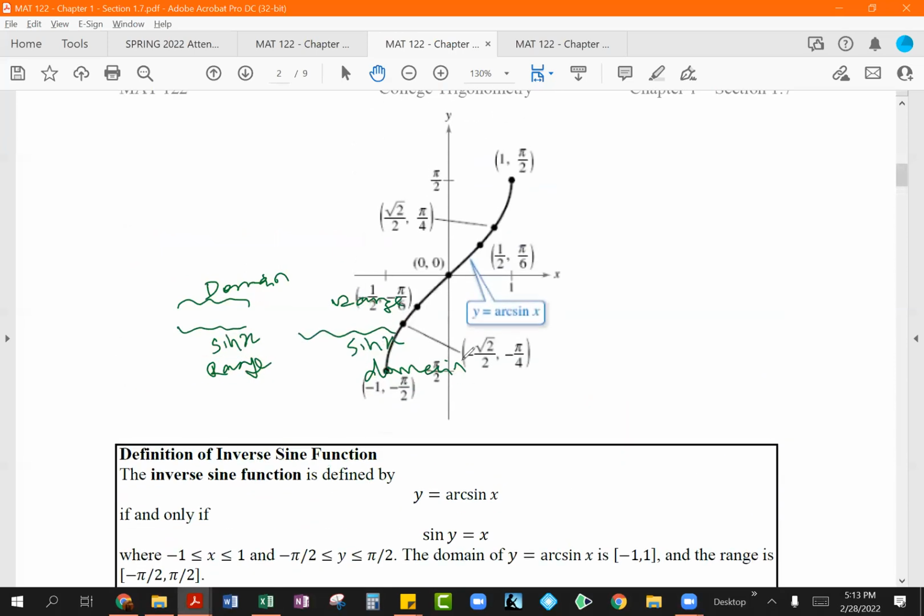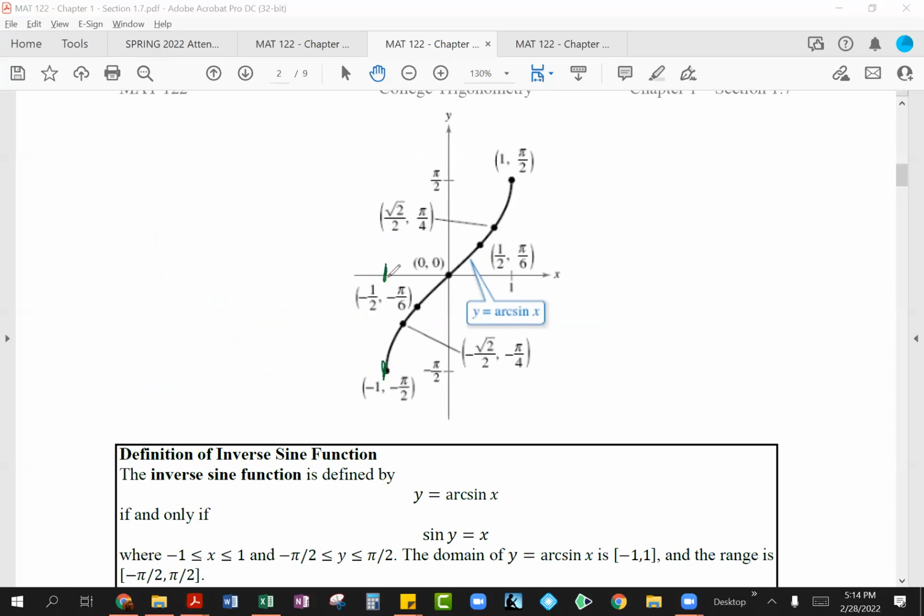You can see that over here in this graph also. For the x values, the leftmost point is at -1 and the rightmost point is at +1. So that's your domain, -1 to +1. And then your range goes from negative pi halves to positive pi halves. That's what they're talking about.